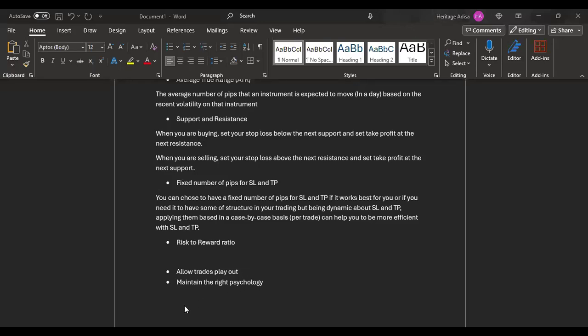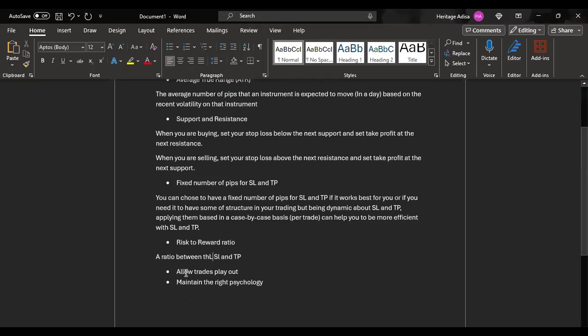You see, what we mean by risk to reward is a ratio between the SL and TP. Basically, let's just say that's what risk to reward talks about, a ratio between SL and TP. Now, it's saying very clearly here what I do between stop loss and take profit. So I can say a 1-to-2 ratio.